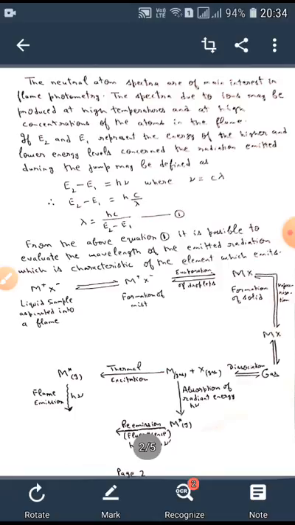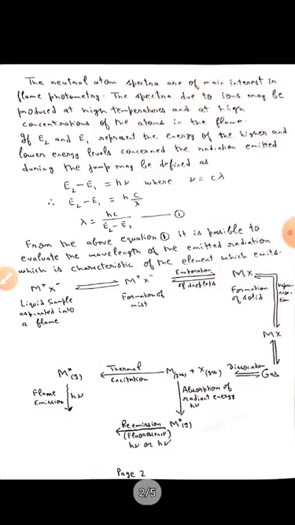Therefore, we have E2 minus E1 is equal to hc upon lambda, and lambda can be calculated by the expression lambda is equal to hc upon E2 minus E1, where E2 and E1 represent the energy of the higher and the lower energy levels. From this equation, it is possible to evaluate the wavelength of the emitted radiation, which is characteristic of the element which emits.